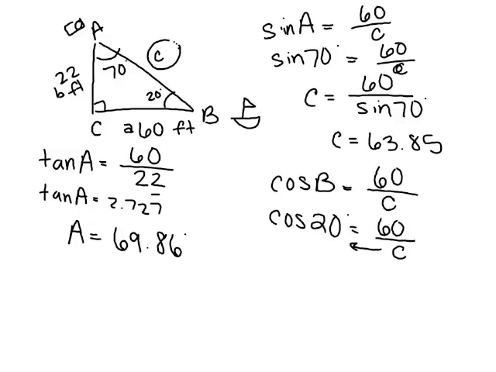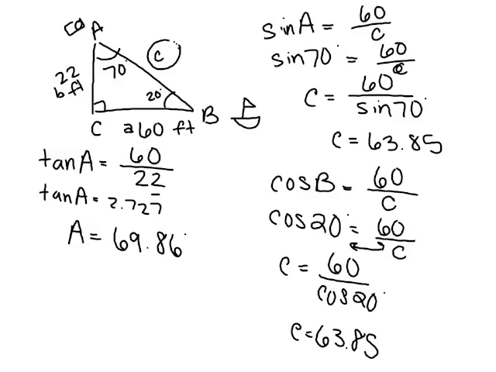Again, those swap spots. C is equal to 60 over cosine of 20 degrees, which is 63.85. So there's our hypotenuse length again.